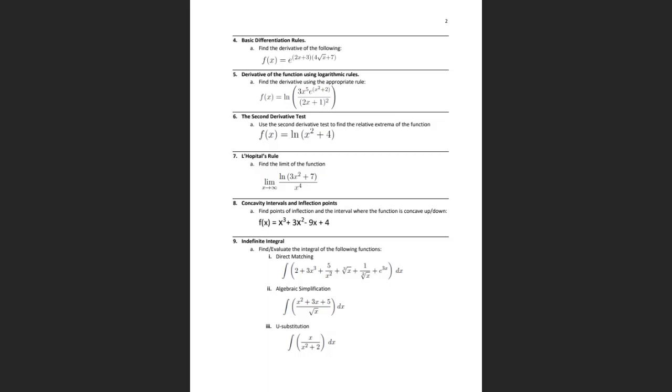For example, if you have x over x squared plus 2, you can't really separate it into x divided by x squared and x divided by 2. So that's when you would have to use u substitution. Oh, okay, so just when you can't really do anything else. Yeah. Okay, thank you.